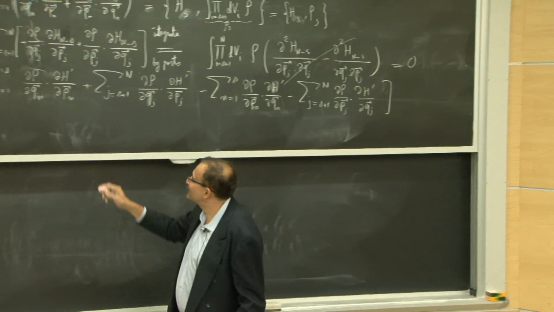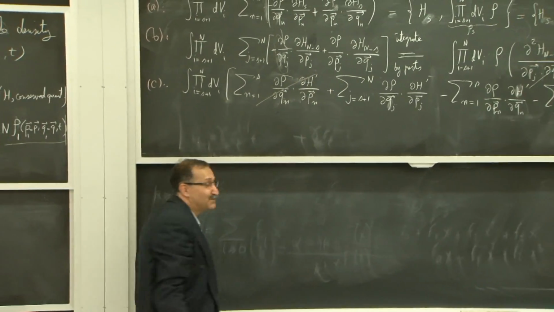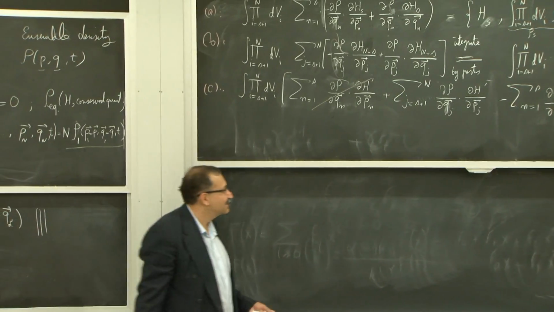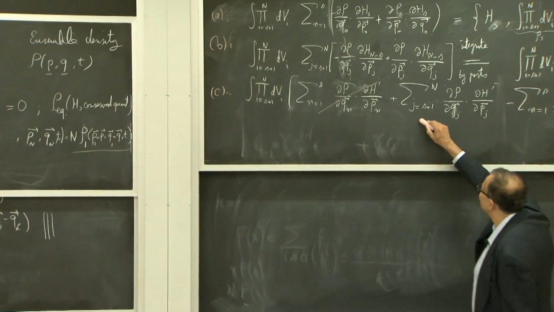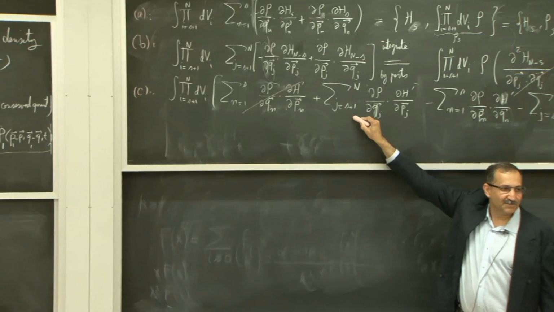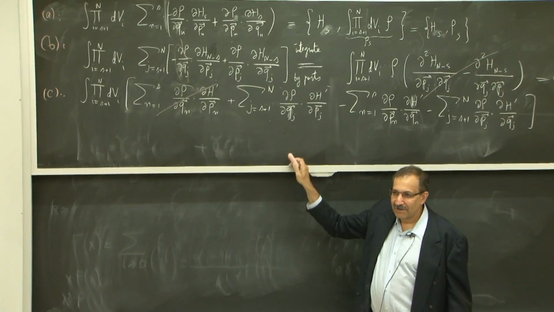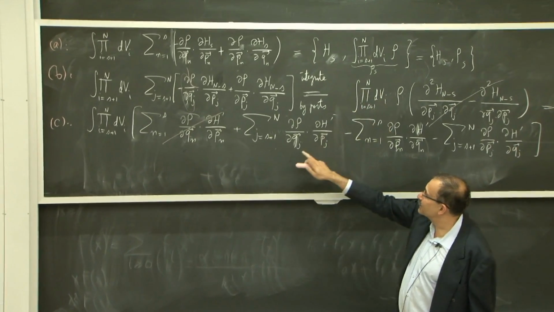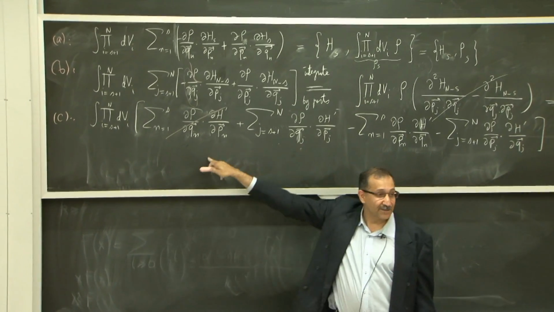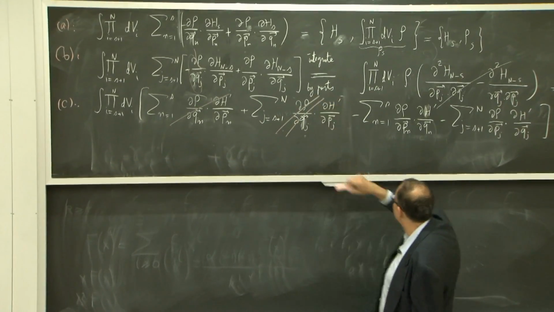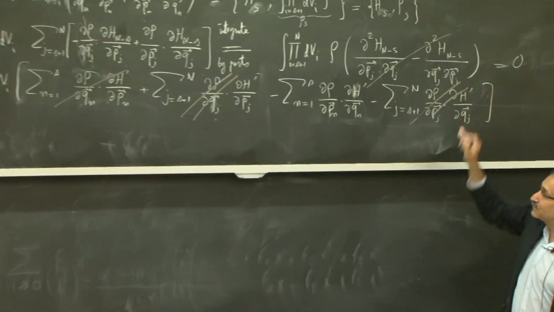Somebody said that the first term is 0 because H prime does not depend on Pn. And somebody over here said that this term is 0, and maybe they can explain why. Same reason as up here. That is, I can do integration by parts to get rid of this term plus this term together.